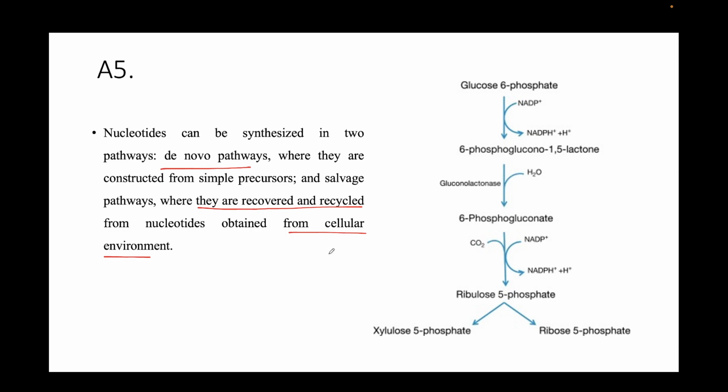So here is my question. Which pathway requires a lot of ATP or a lot of energy? De novo pathway or Salvage pathway? What do you think?